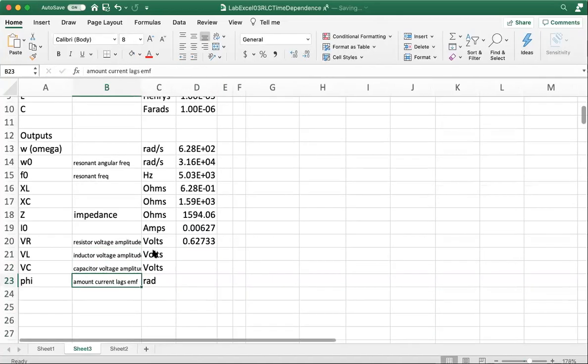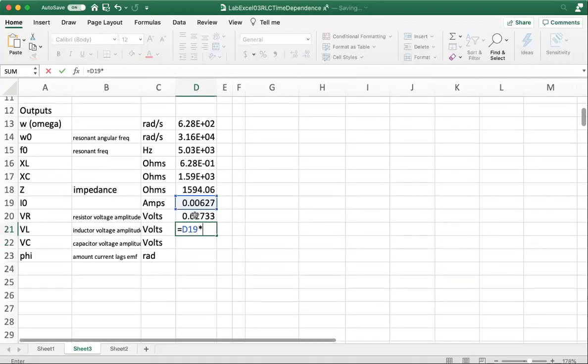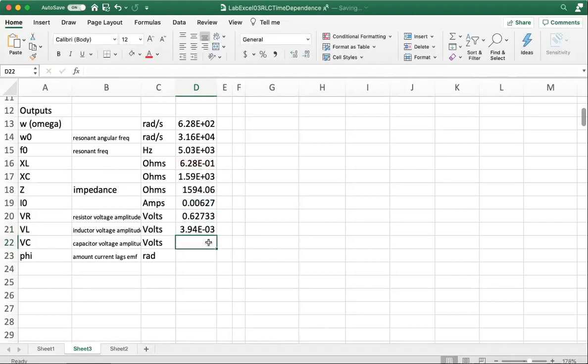Now I'm just going to continue computing these amplitudes. Each amplitude is easy: I naught times the reactance. For the inductor I use the inductive reactance. Very small voltage over the inductor. For the capacitor, I naught times the capacitive reactance, and I'm getting 9.98.